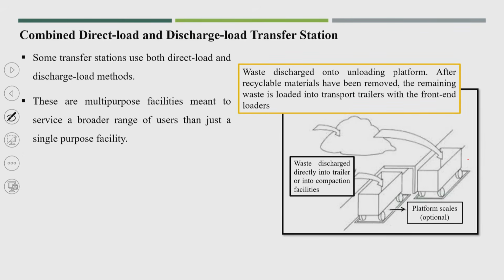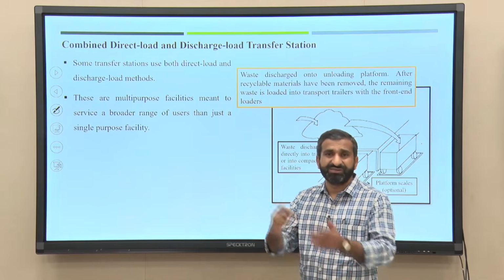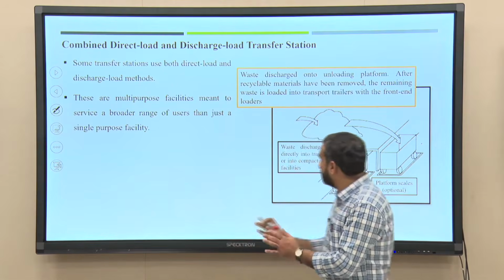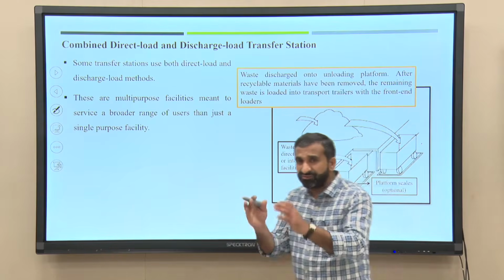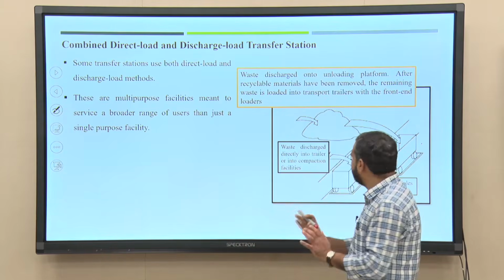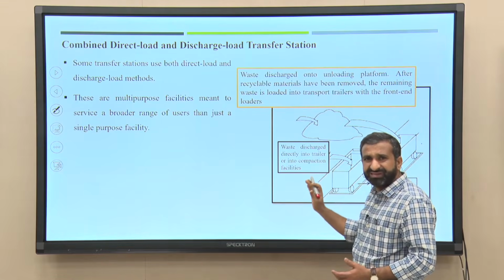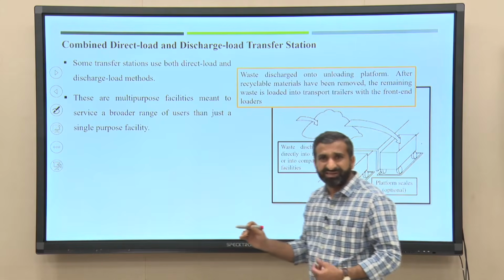So, here what can we plan? Already we know that segregation is one of the important activities. Already under the Swachh Bharat Mission, segregation has started with dry waste and wet waste. Now, see here, if you are planning a transfer station, this wet waste I won't accept, because the composting facility nearby is very close to the residential area.